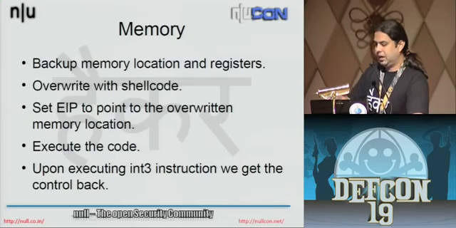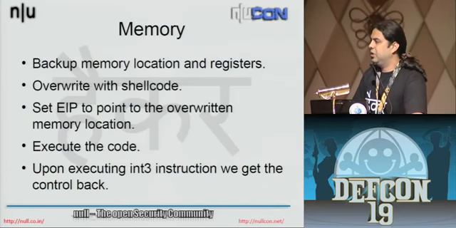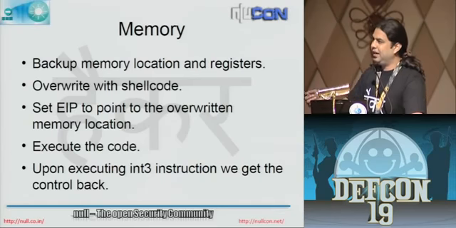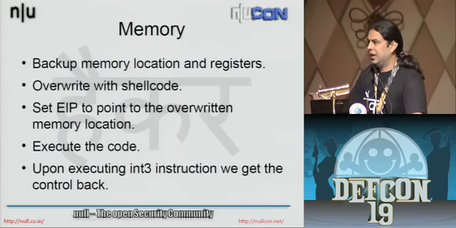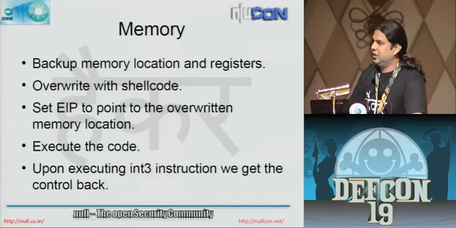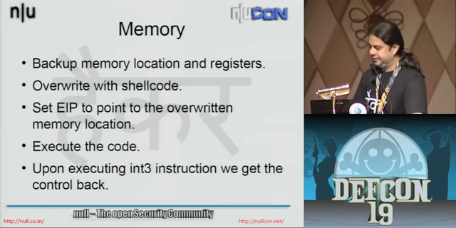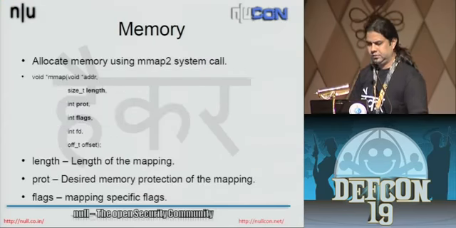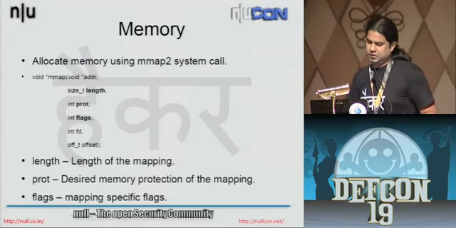So how do I do it? I use setregs to set the EIP to the memory that has been newly allocated by my shellcode. And at the end, I put the int3 instruction so that once it has executed, it gives control back to me. It's as simple as this.